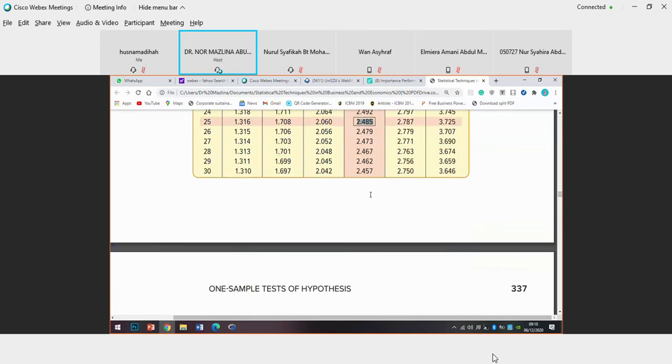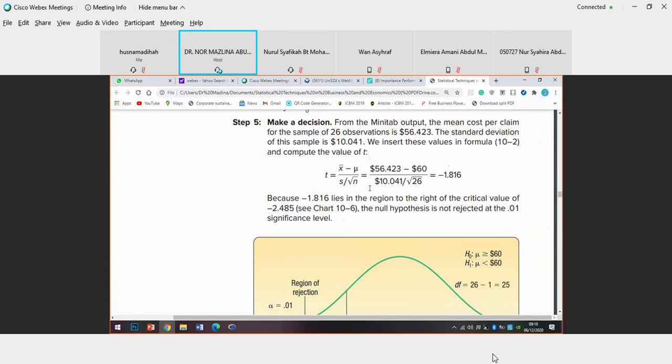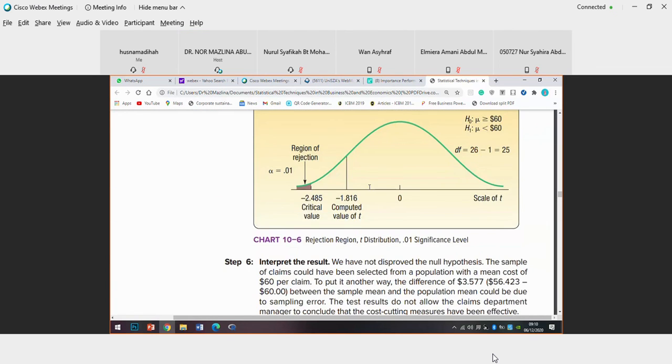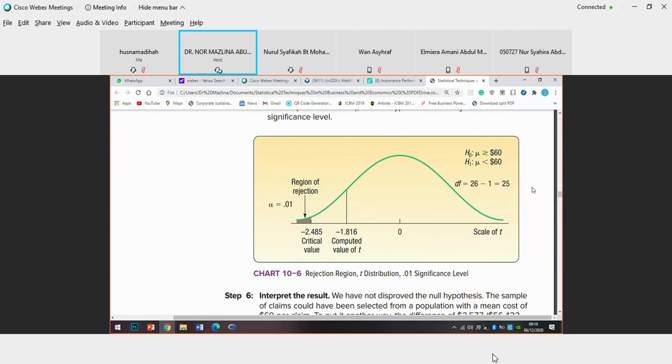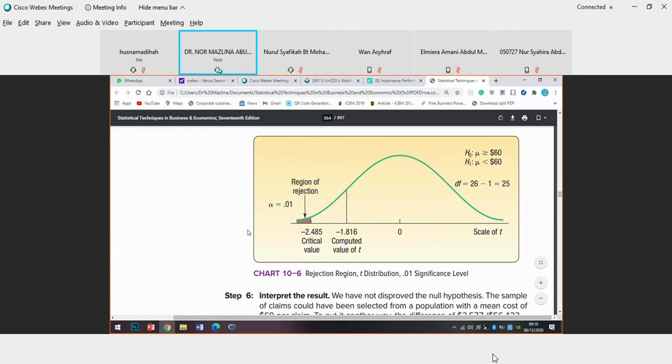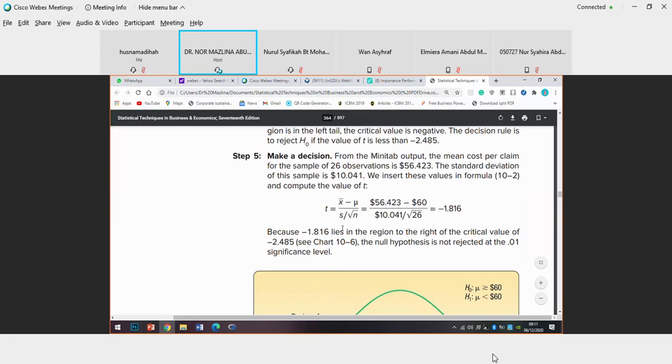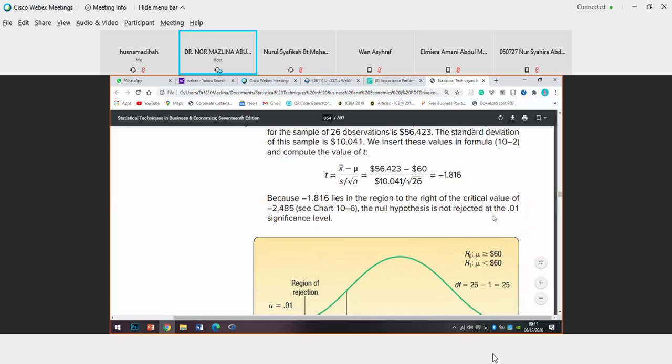Boleh Ashraf? Okay, so this is how your diagram will look like. Okay, jadi biasanya saya suka buat diagram ni sebab supaya saya nampak negatif 2.485 dan computed T adalah negatif 1.816.